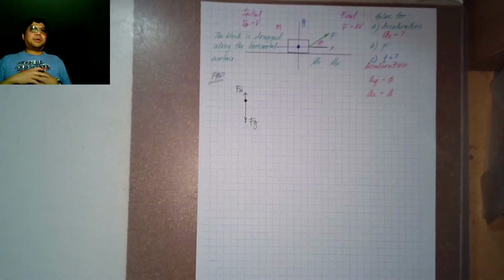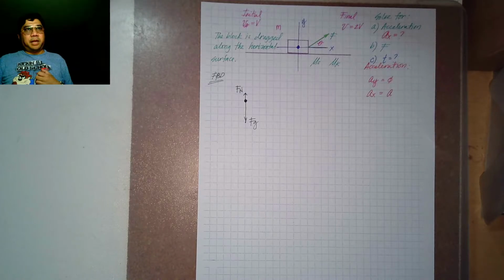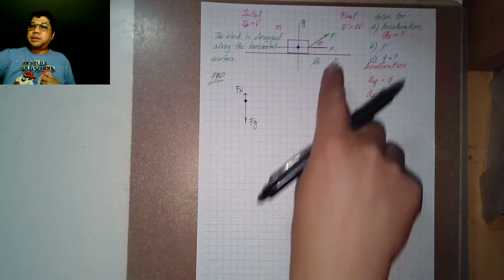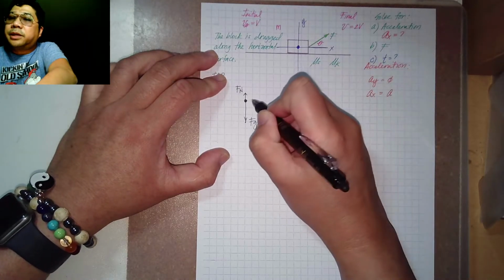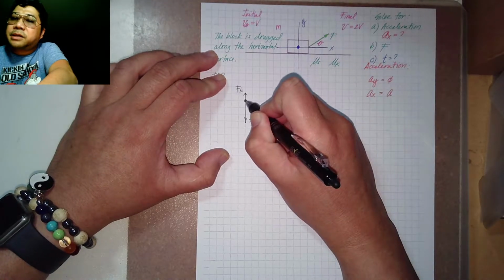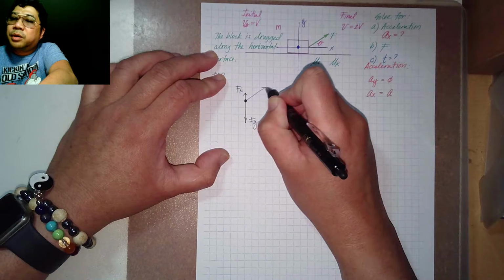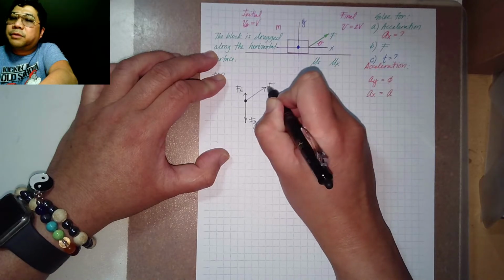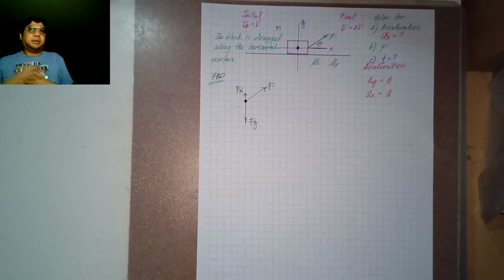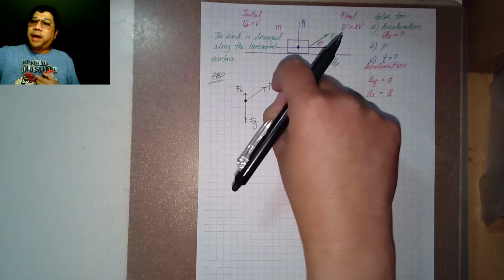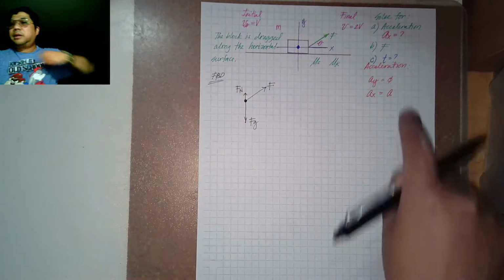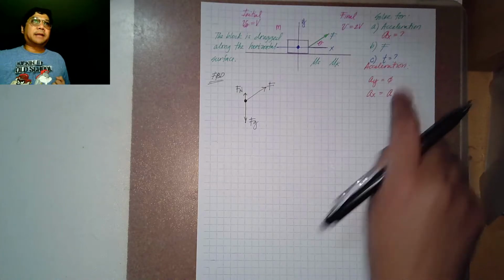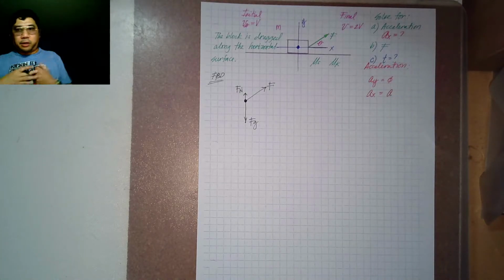The normal force is not the same length as the force of gravity because there is another force acting on the object along the y-axis, and that is the applied force F. If you add those forces, they should balance out, because our acceleration along the y-axis is 0, so there's no change in the state of motion.